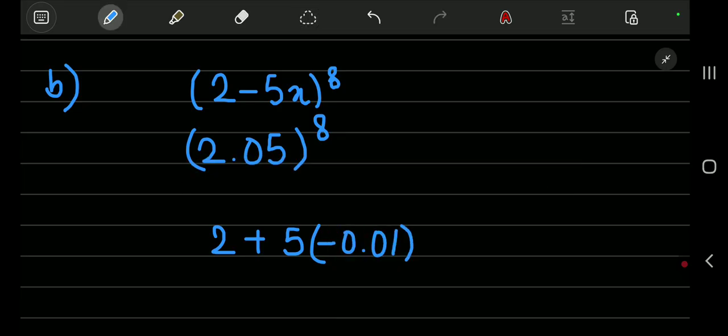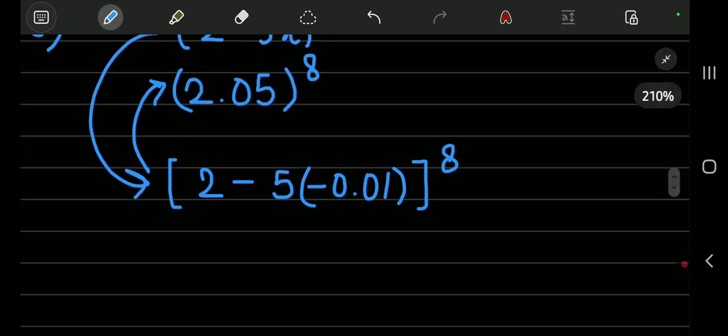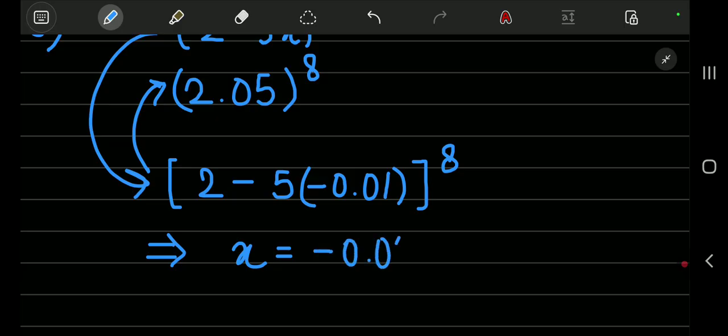If you take it like this, 2 minus 5 times minus 0.01 gives you the same 2.05, with the same form 2 minus 5x. So in this way, you can find what your x will be for this. x will be minus 0.01.